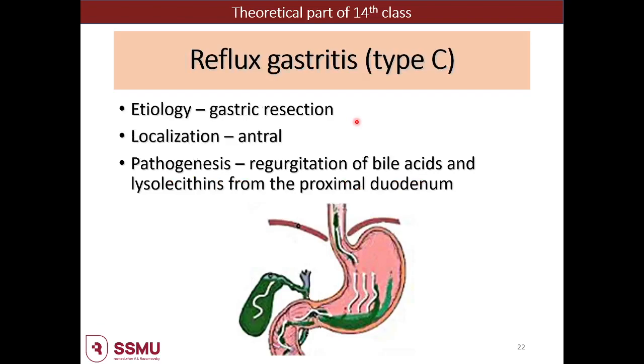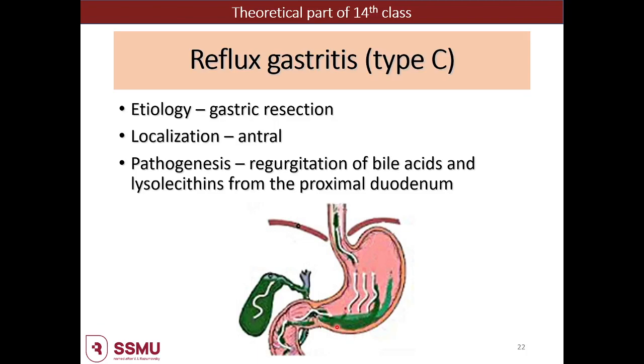And reflux type of gastritis. Reflux gastritis is associated with insufficiency of the pyloric valve of the stomach and regurgitation of bile into the stomach. And we may see damage of the epithelial cells from this area.